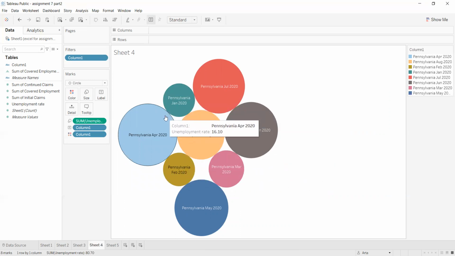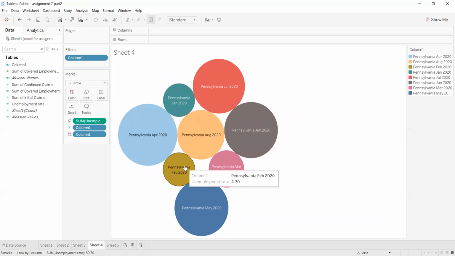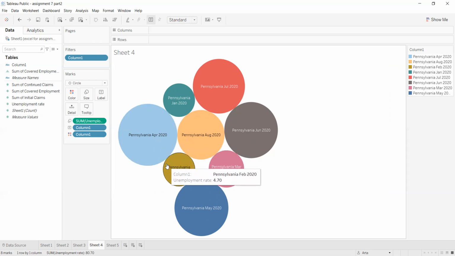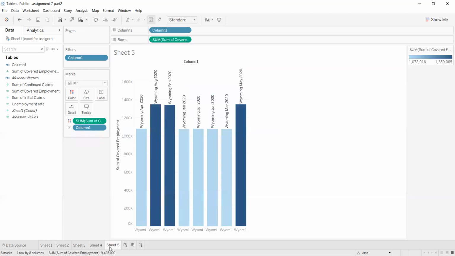For example, in April, the unemployment rate is 16.10, but in, for example, February, this number is 4.7. So February was before the pandemic, and April is after the spreading of the virus. So as you see, the unemployment rate increased 4 times in Pennsylvania.